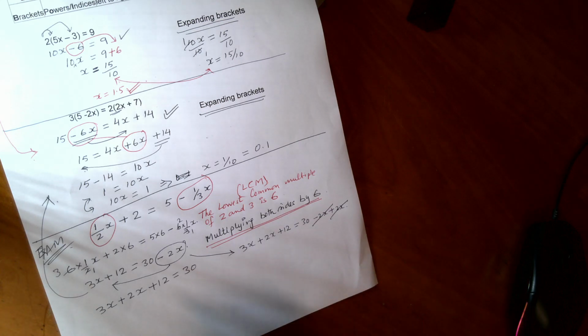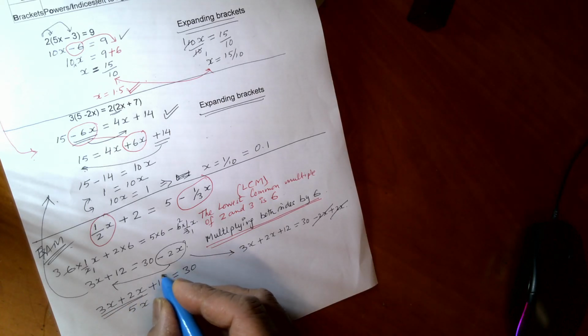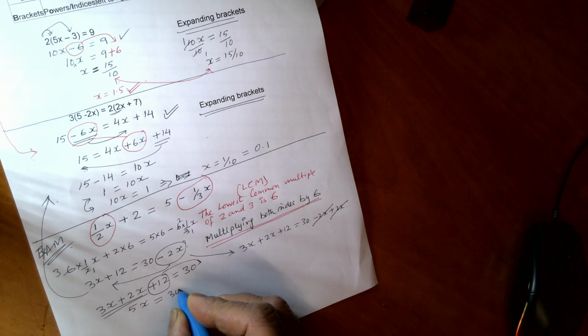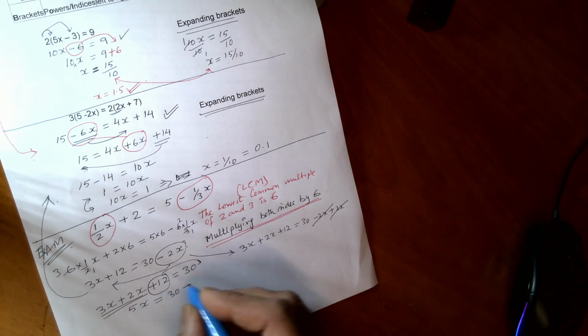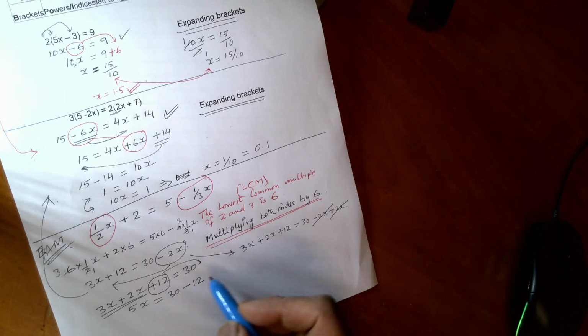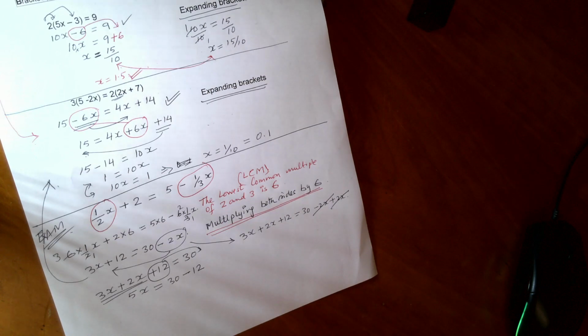So what do we have now? We have 5x here, then this plus 12, we can take it to the other side again. That will be minus 12. Or you can have minus 12 here and minus 12 here and cancel this out with that. You can do that as well.